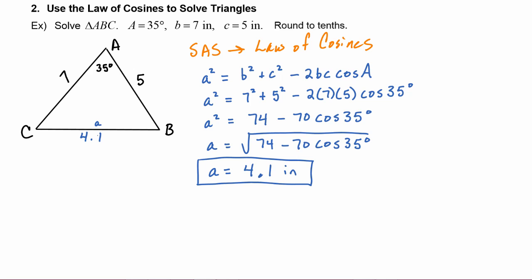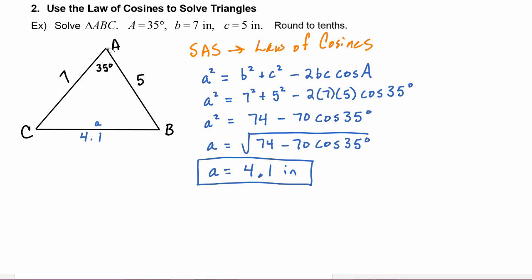Let's think about our strategy for which angle to solve for next. We'd like to be able to use the law of sines because it's a very quick process. It's just a proportion. Now, if we look at the sides that we have, 4.1 is the smallest side, and we know that angle is acute. 7 is the largest side, and that means B might be obtuse or it might be acute. We don't really know. We just know that angle B is going to be the biggest angle.